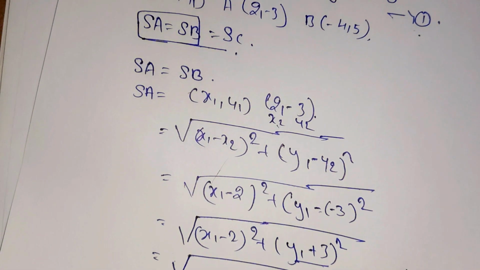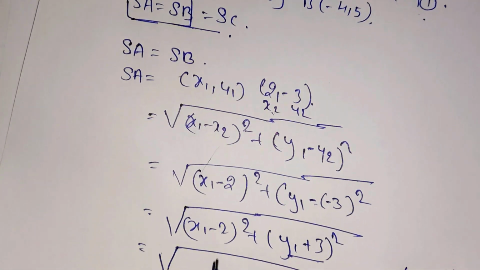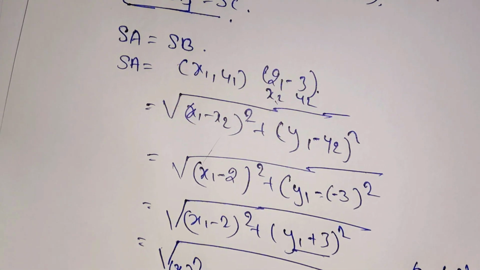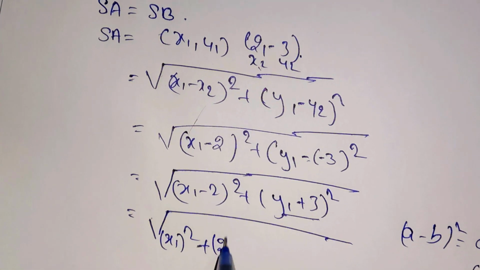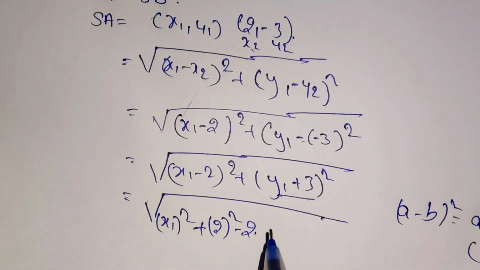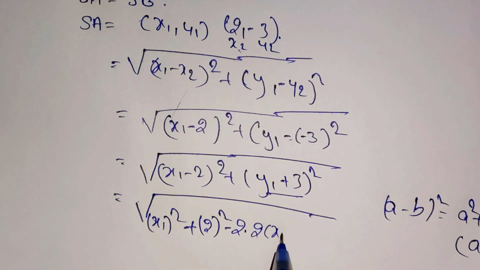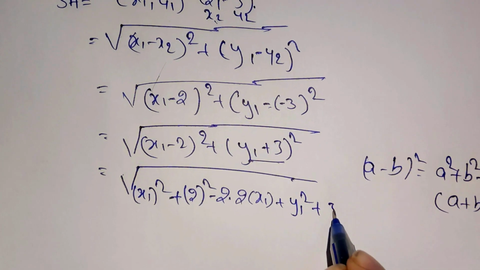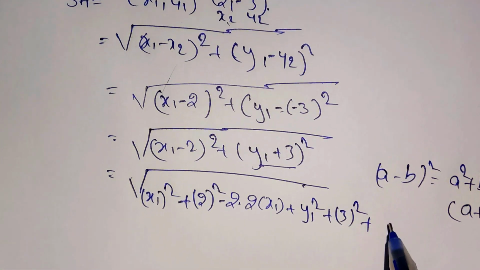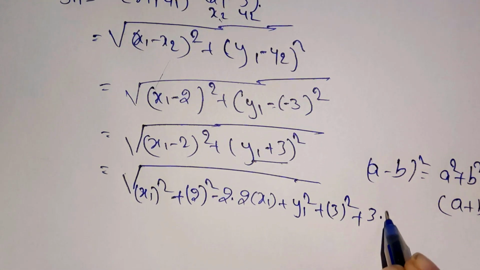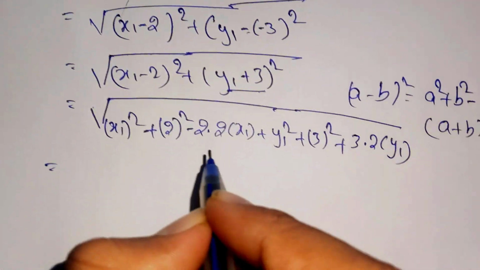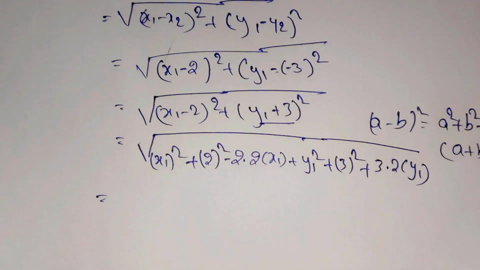Now we get x1² + 2² - 2 × 2 × x1 + y1² + 3² + 2 × 3 × y1. So this is the expression we have.